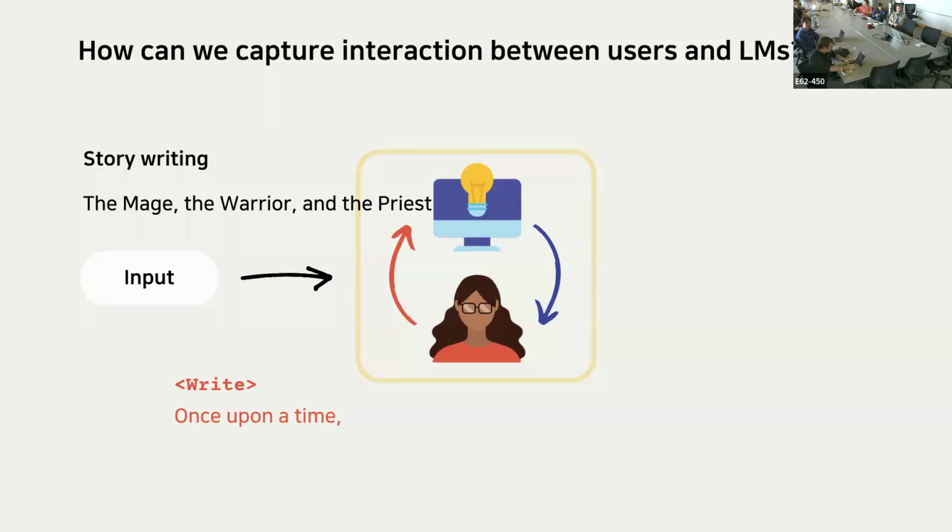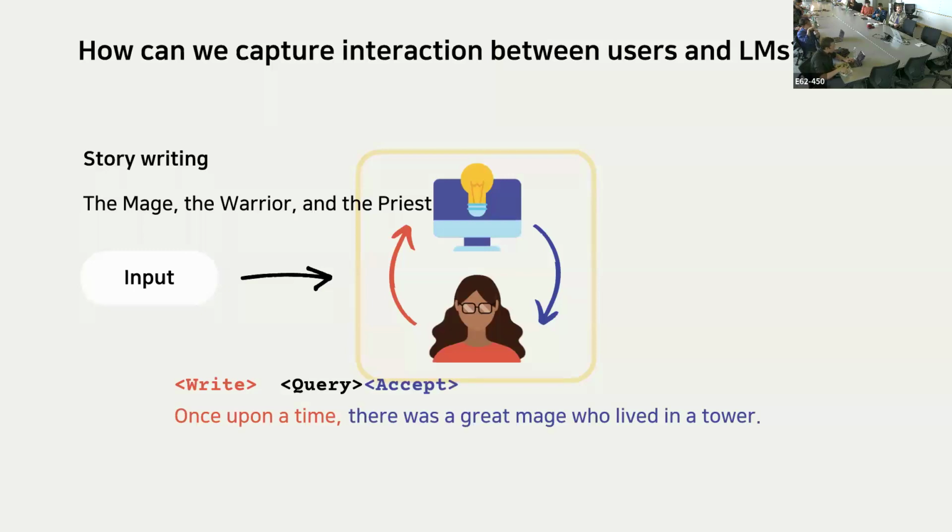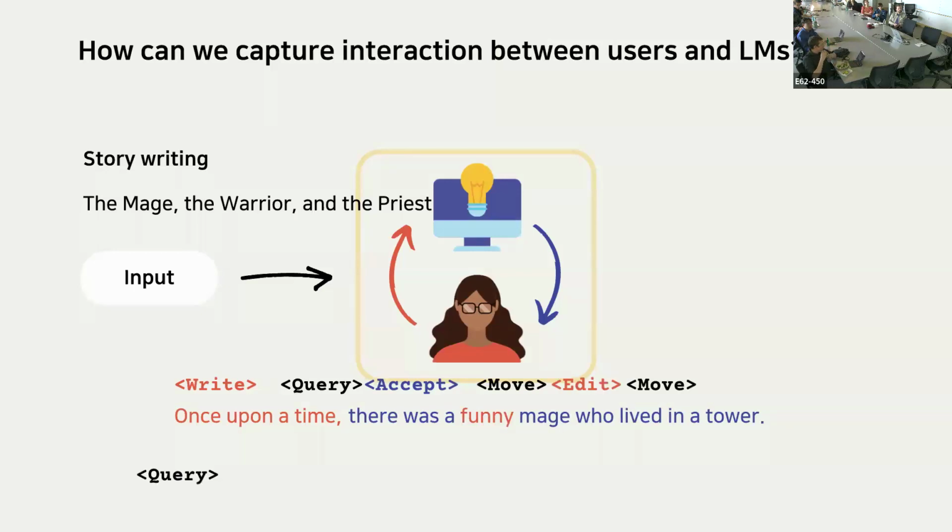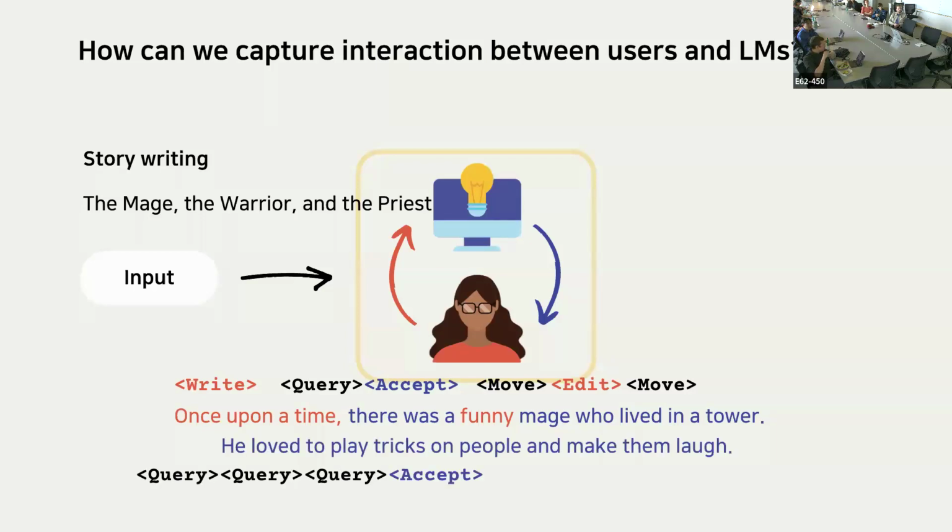The user writes once upon a time, and then maybe queries the system for some inspiration, and the system might give not just one, but multiple suggestions. Then the user goes through them and accepts one that she likes. But then maybe the user doesn't like some part of it, and goes back and edits, and then maybe asks for more suggestions, and accepts one, and repeats the process to write a story.